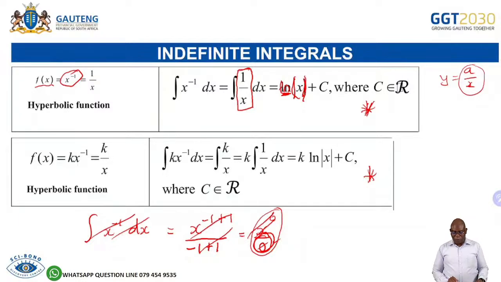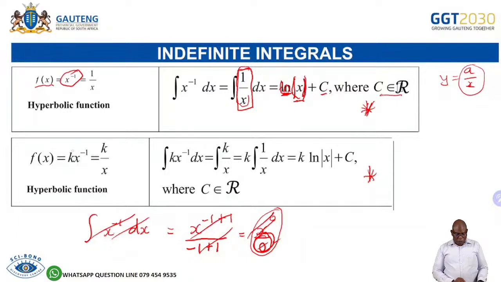So it's the absolute value of the number that is there. Then obviously we are going to include the c. Remember, every time we integrate indefinite integrals, we need to put plus c, where c is an element of all real numbers. So in this case, for 1 over x, I'm now going to put ln of x.